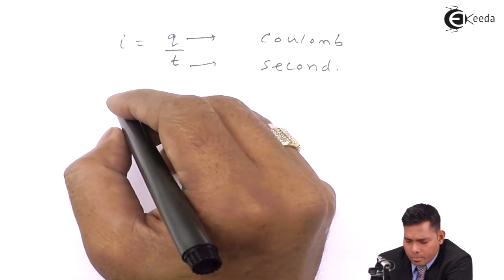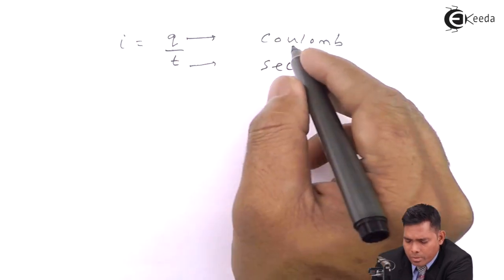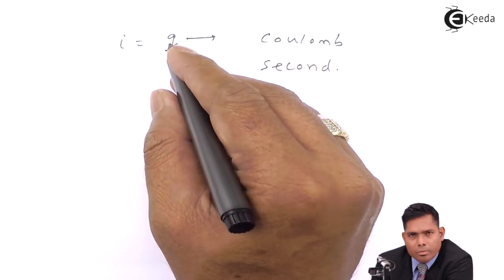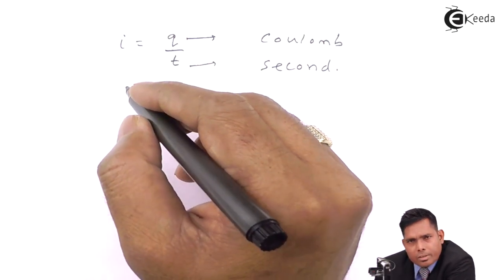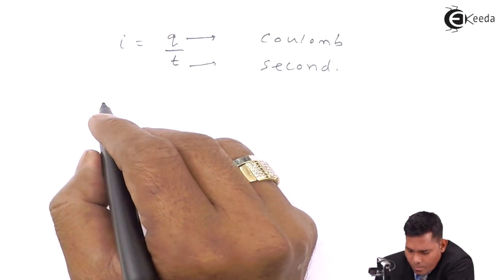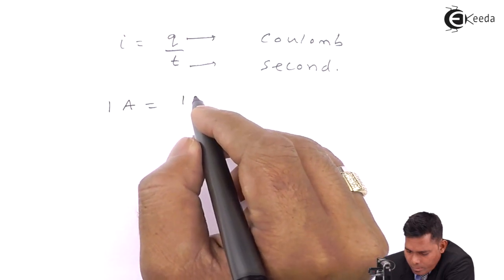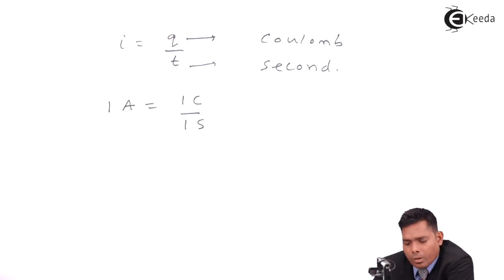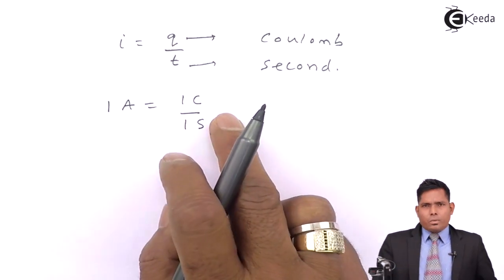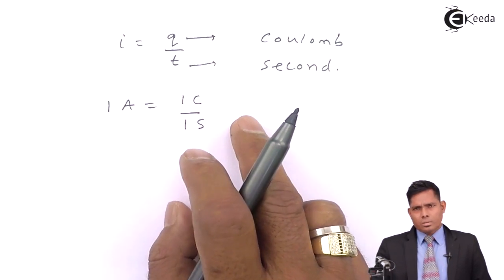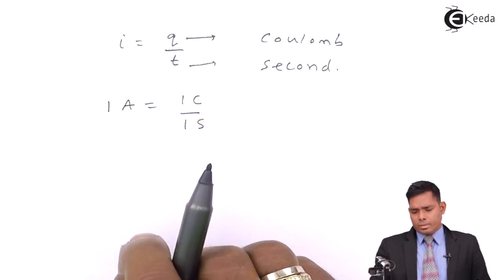So when 1 coulomb of charge passes in 1 second, then the current is said to be 1 ampere. 1 ampere is 1 coulomb of charge flowing through a cross section of a conductor in 1 second.